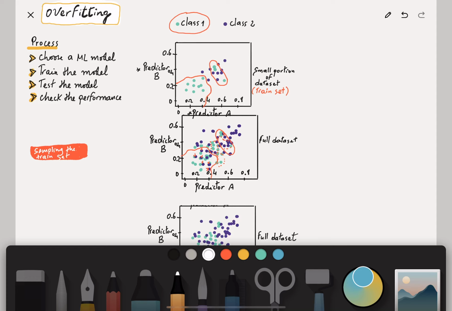So the way in which we sample the train set is a really important thing, because that can undermine your whole training purpose. So you could see that in this particular case, in the small portion of the data set, it looked like the classes could easily be separated.